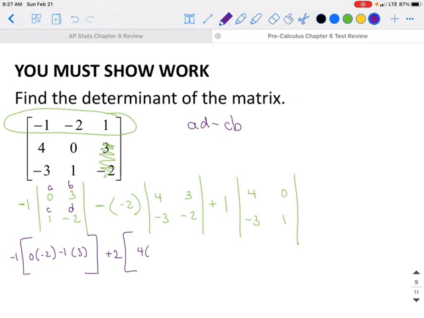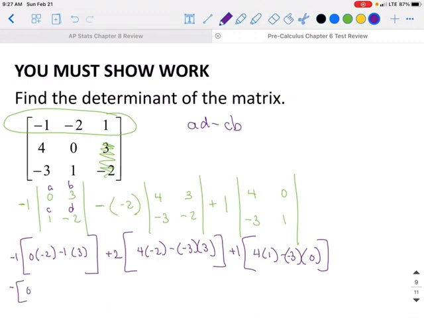For the next one, A times D minus C times B. And for the last one, A times D minus C times B. Now, 0 times negative 2 is 0, minus 3, negative 8, plus 9, and 4 minus 0.